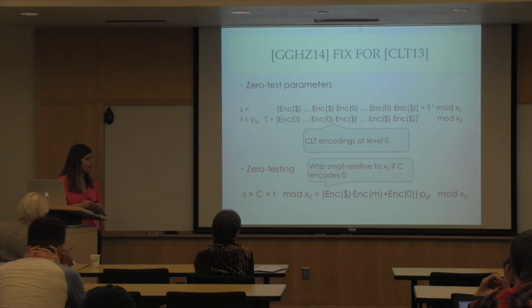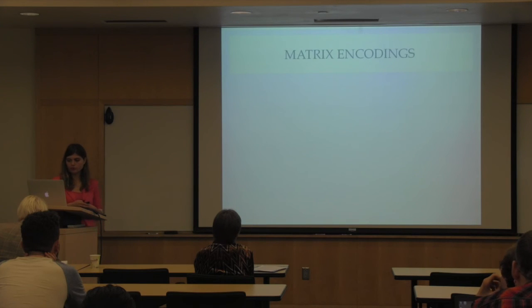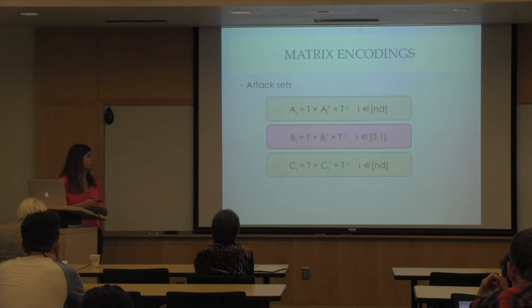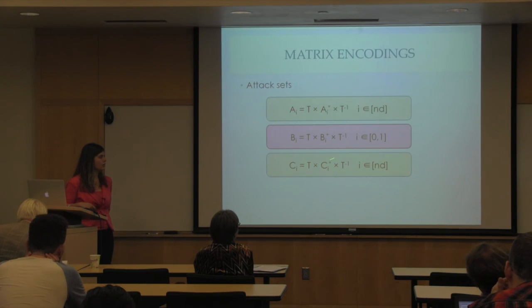So now this seems kind of different. Well, let's see if we prepare again our attack sets. These attack sets will be now just the new type of encodings, these extended GGHZ encodings.